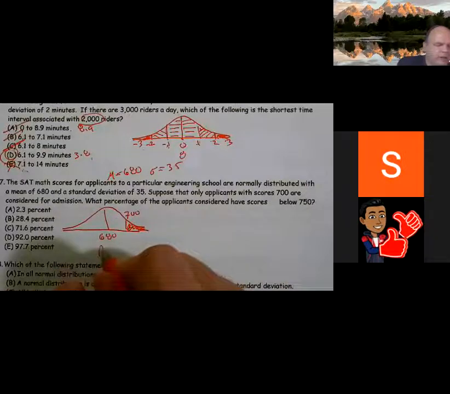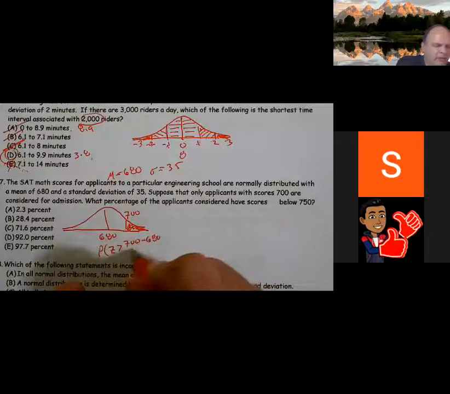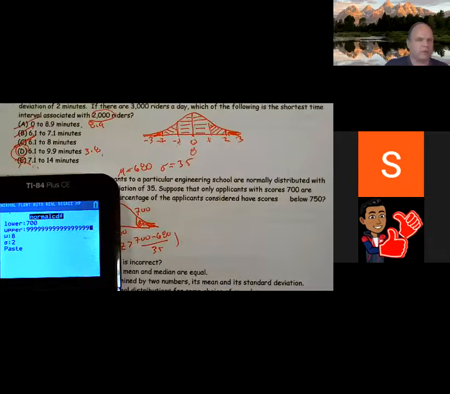So I want the probability that X is greater than 700, which is the probability that Z is greater than 700 minus the 680 over the 35. When we calculate that out, second vars, normal CDF, we have a lower bound of 700, an upper bound of infinity, a mean of 680, and a standard deviation of 35.